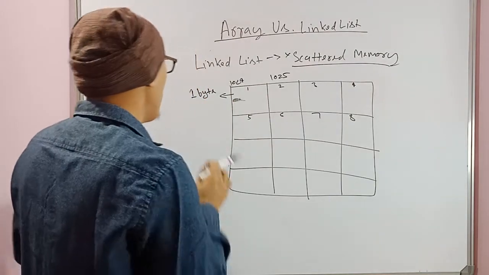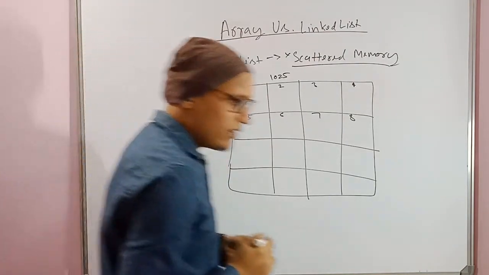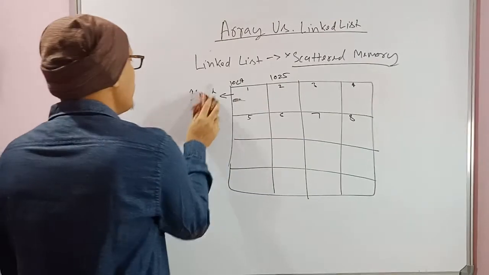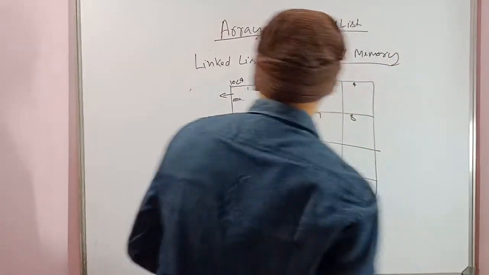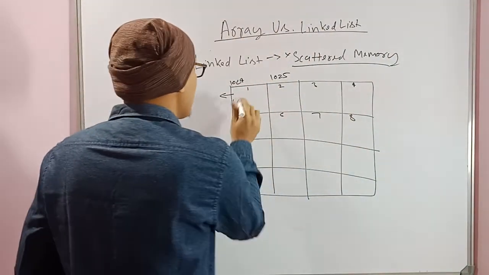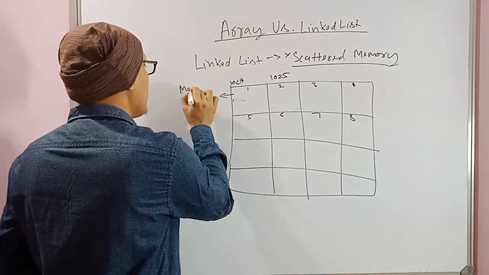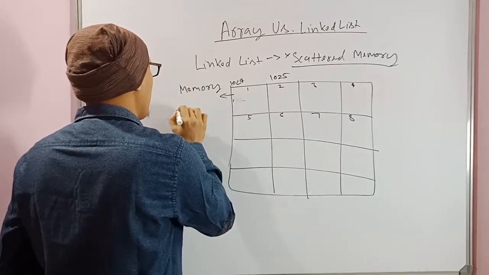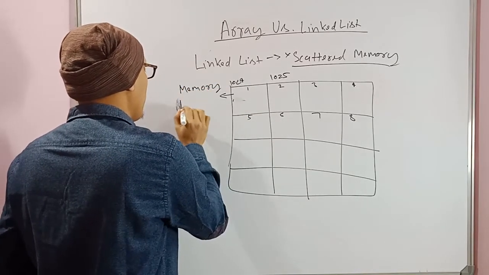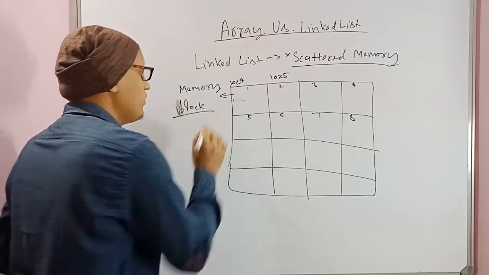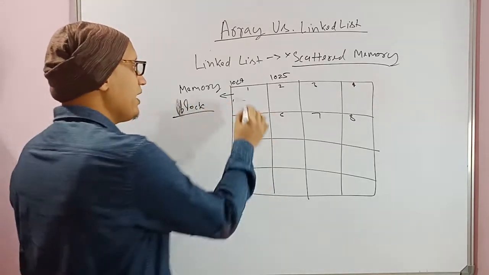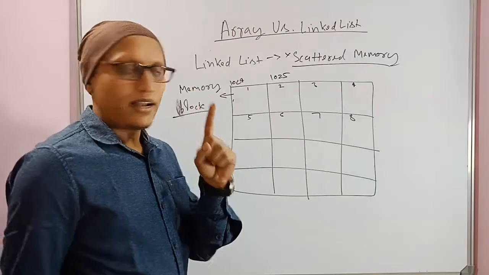One byte, or we don't go with the byte because you might be getting confused. Just remember that this is a memory block again, which will contain data. Each memory block will contain one data.